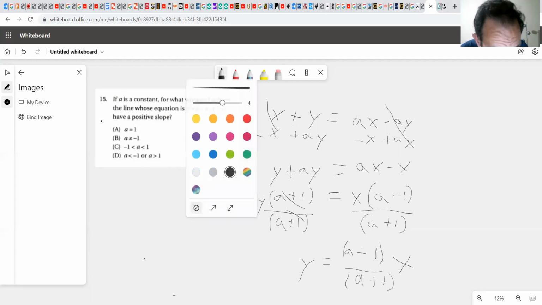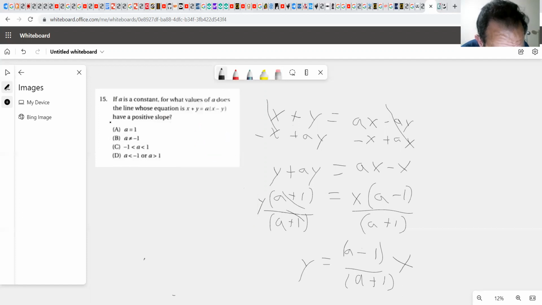That's not going to give you a positive slope, that's going to give you 0. So that one would not work. The next one says a does not equal negative 1, but you could still plug in 1, and then it wouldn't work either.